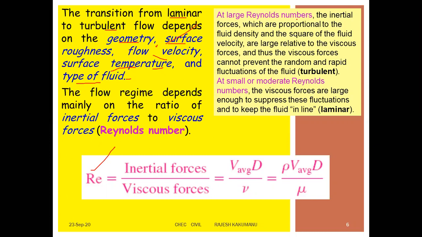At large Reynolds numbers, the inertial forces, which are proportional to the fluid density and the square of the fluid velocity, are large relative to the viscous forces, and thus the viscous forces cannot prevent the random and rapid fluctuations of the fluid. That is turbulent. At small or moderate Reynolds numbers, the viscous forces are large enough to suppress these fluctuations and keep the fluid in line. This type of flow is known as laminar flow.